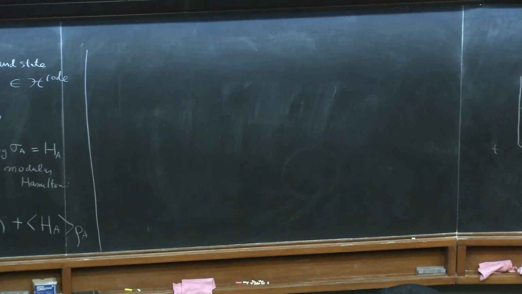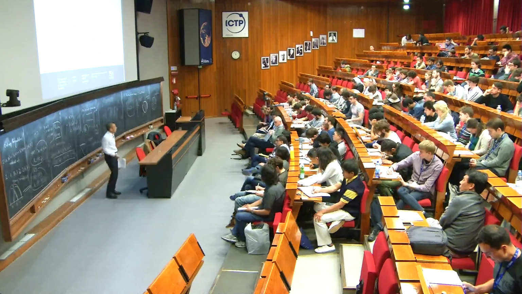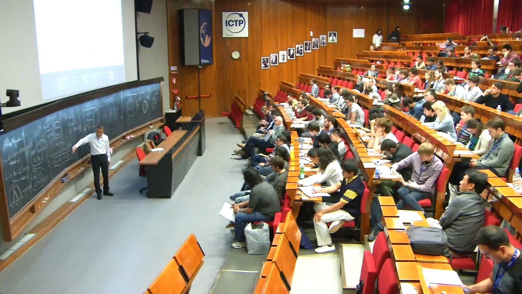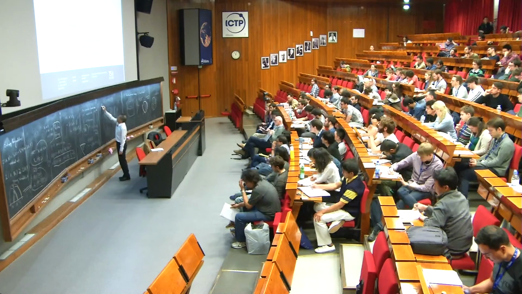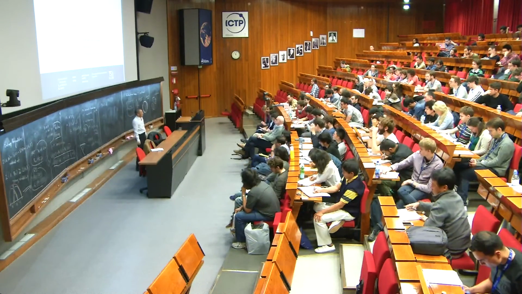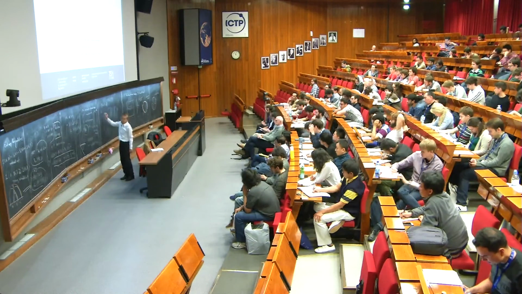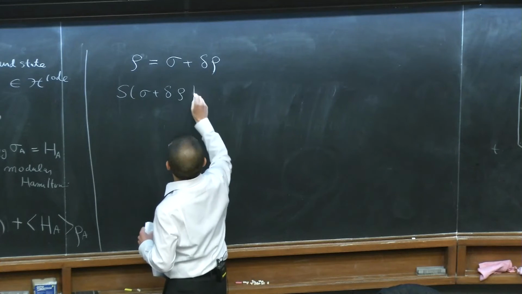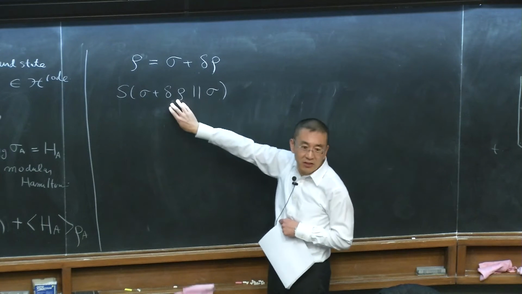Now, as I said, relative entropy is non-negative and vanishes when they coincide. So that means that by continuity, if you consider a small variation of rho around sigma, so suppose you consider infinitesimal variations like that, then the relative entropy between them, well, when delta rho vanishes, it should vanish.